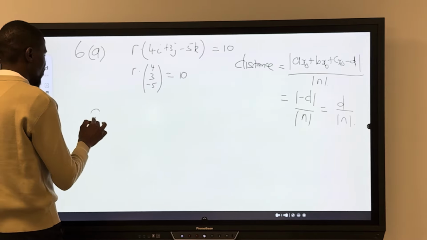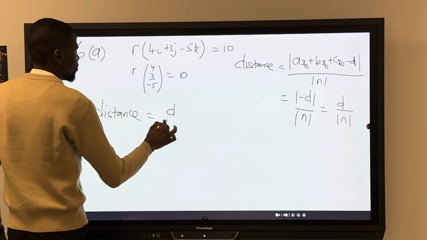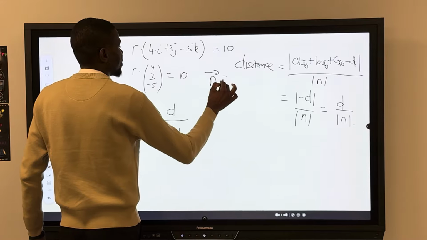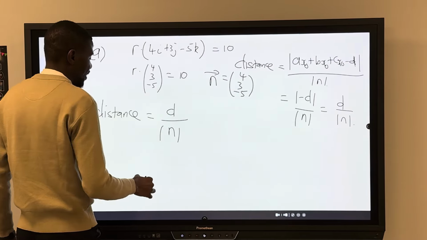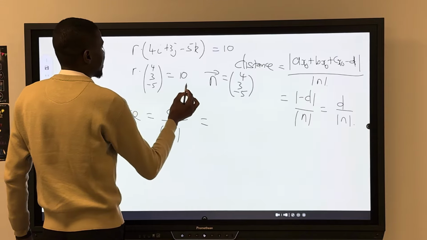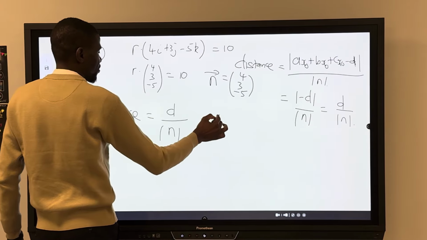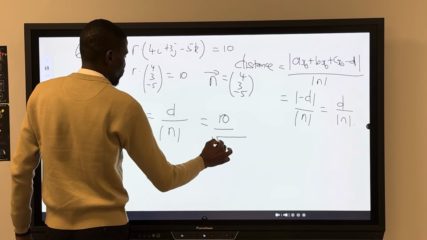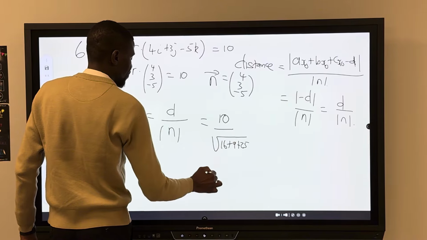So now our distance equal to d over n, and remember n here is equal to (4, 3, -5), right? Our d is this constant here. So it's going to be 10 over square root of 4 squared, that's 16, plus 9 plus 25.